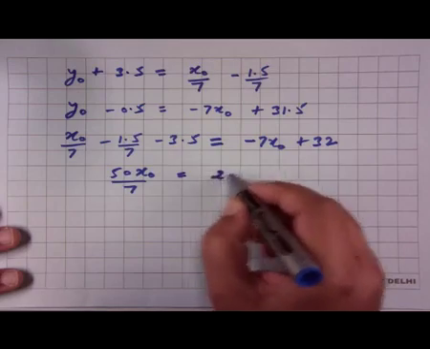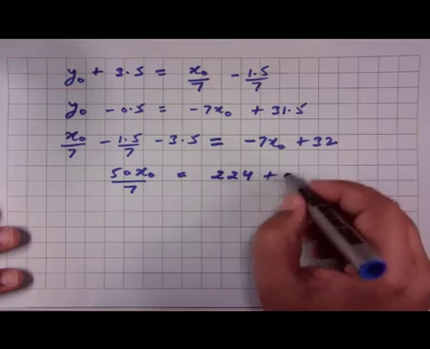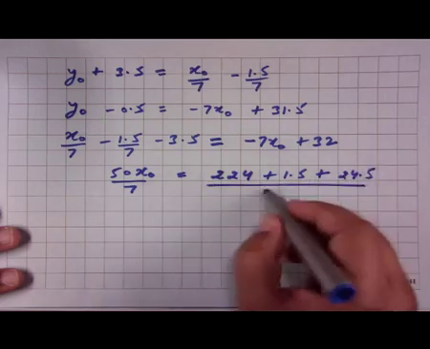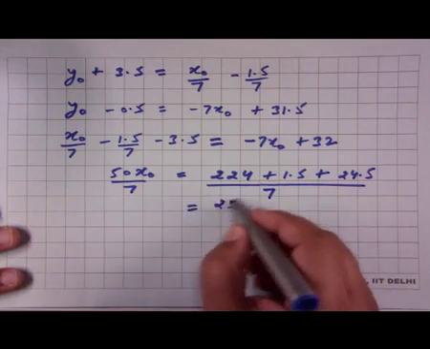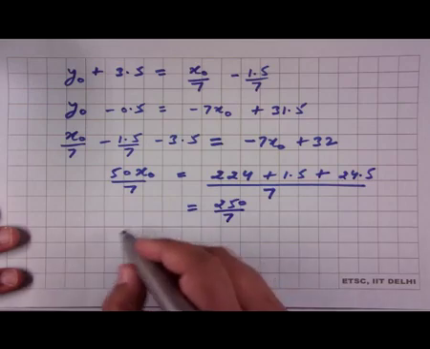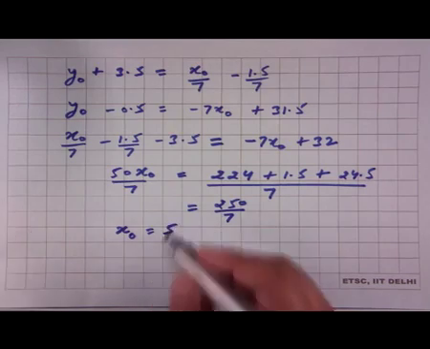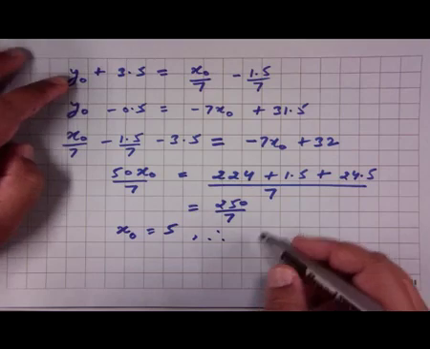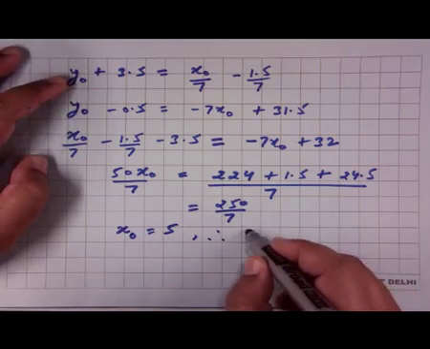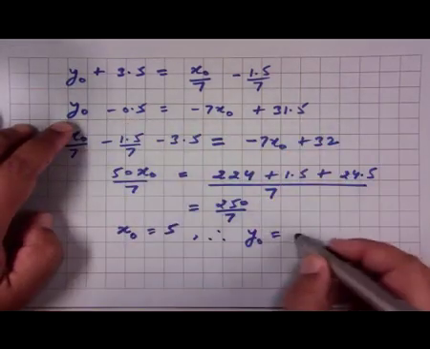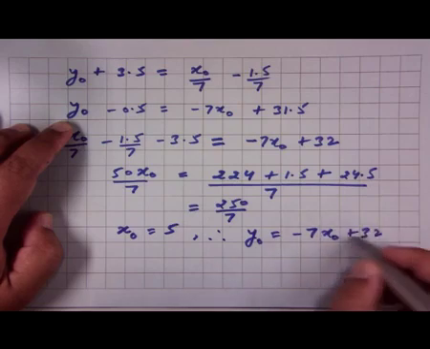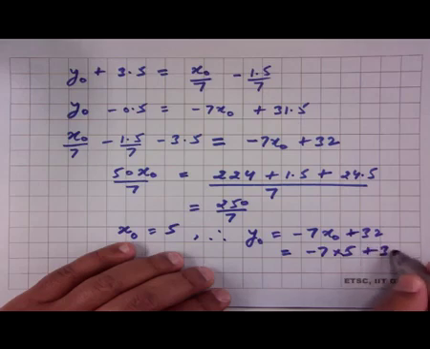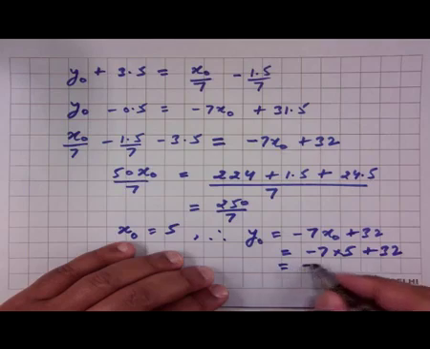So, we get, from where we get that the x coordinate of the center of the circle is 5, and therefore, from this equation, y naught equals minus 7 x naught plus 32 equals minus 7 times 5 plus 32, which is minus 3.